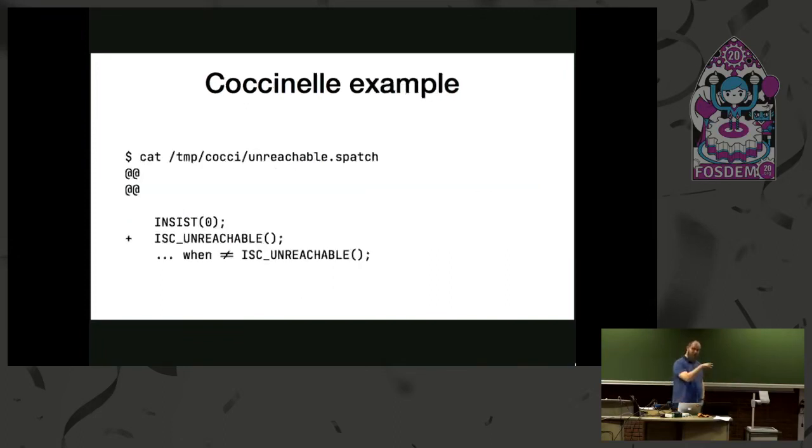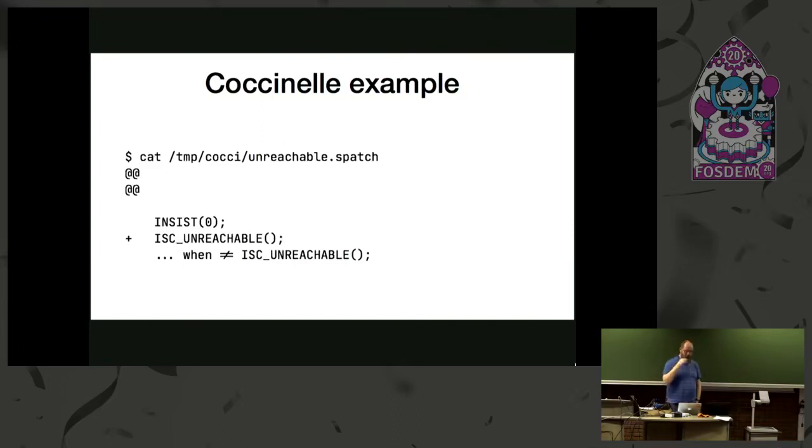This is a very simple semantic patch. What this semantic patch does is, if it finds an assertion, for example, if you have a switch command and there's a default which always asserts, like this custom BIND assert, INSIST(0), so if the code reaches that point, it crashes with an assertion.